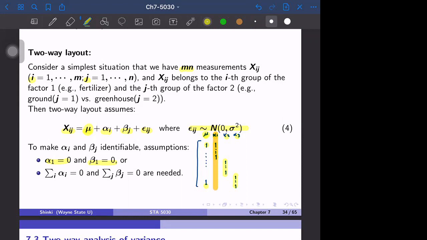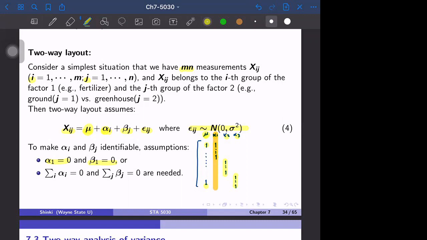So for example, fertilizer 1 and the cultivation, the combination of these two. In such a case, alpha 2 means the difference between level 1 and level 2 of factor 1. So the difference between fertilizer 1 and fertilizer 2 on the yield.